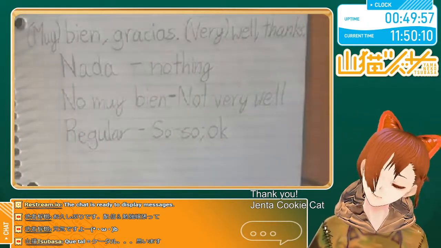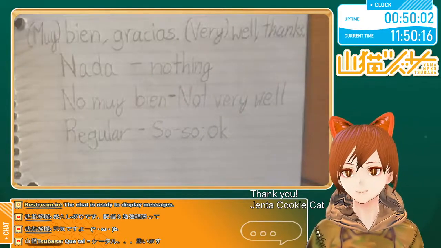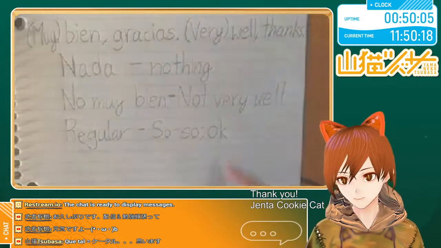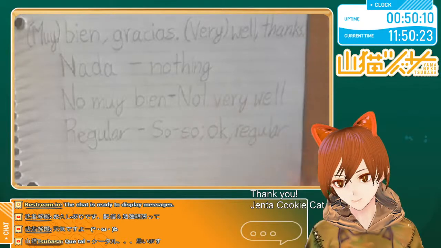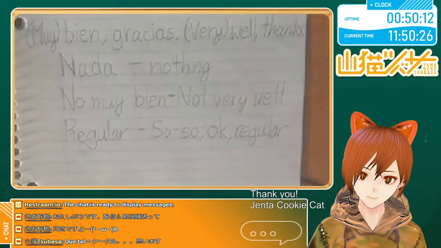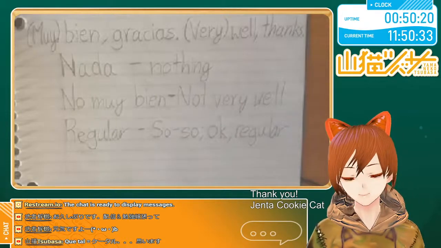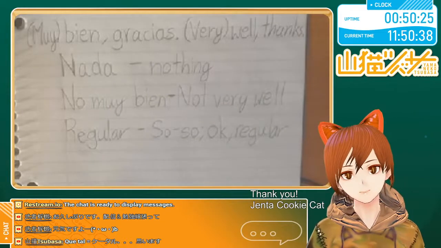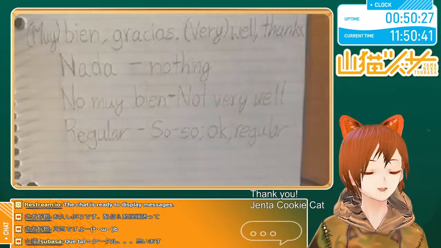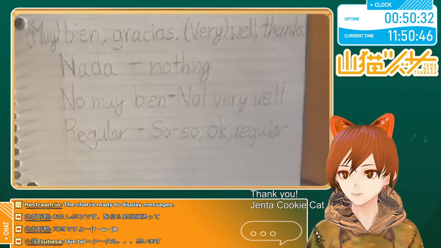Well, it can mean regular actually, and it's probably the most used way of using it. It's not in my textbook, but let's add it in here anyways. In the context of when someone asks you how you are, if you say regular, it doesn't mean I feel regular. It means I feel so-so, I feel okay, I feel alright, I feel normal. Nothing spectacular is happening.